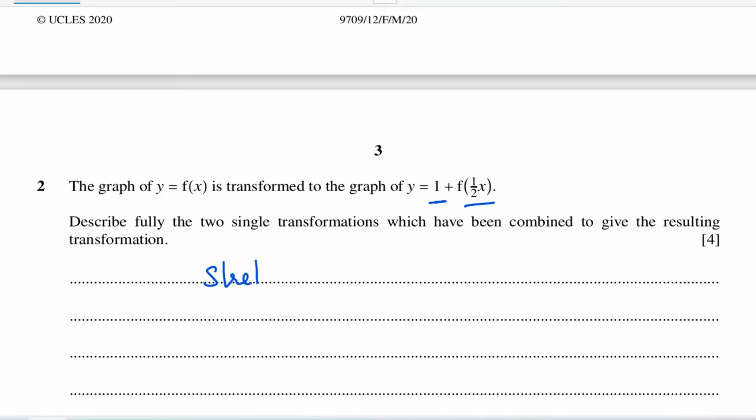Stretching by a scale factor. Here the scale factor is 2. So here 1 over 2 is given. So the stretching scale factor is 2, and this is along the x direction.